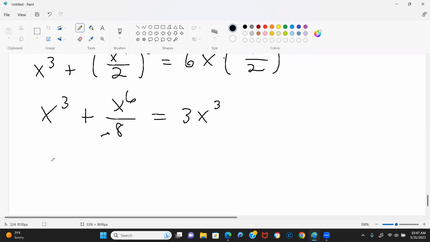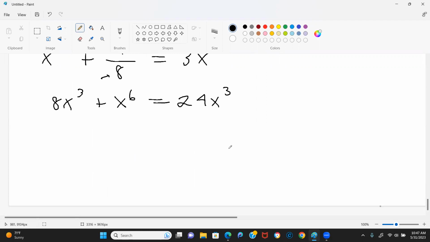I'm going to multiply both sides by 8. So I get 8x cubed plus x to the 6 is equal to, I guess, 24x cubed, if I didn't screw that up, which I often do. So then this implies that x is equal to, what's the easiest way? Well, I guess I could subtract 24x cubed from both sides.